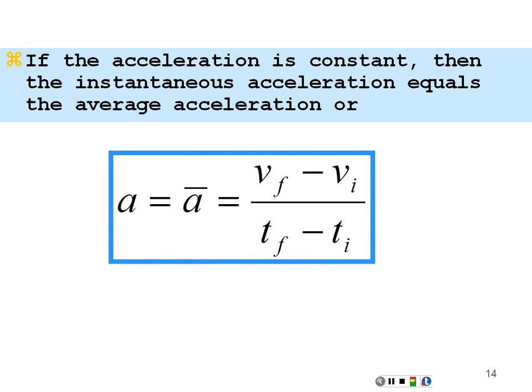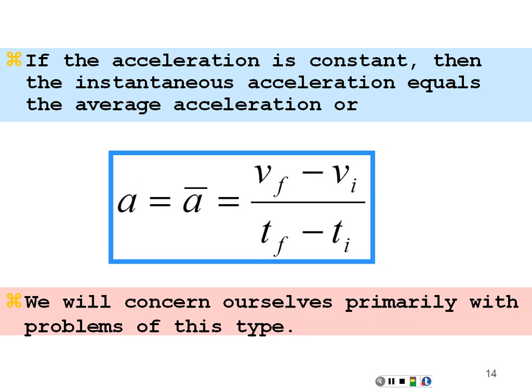So this will always be true: our instantaneous acceleration will equal our average acceleration, which will equal a constant. We will only concern ourselves with problems of this type. There are problems where the acceleration can change, and the term for when the acceleration changes as a function of time is called the jerk. But we're not going to deal with that in this course. We're only going to deal with constant acceleration.